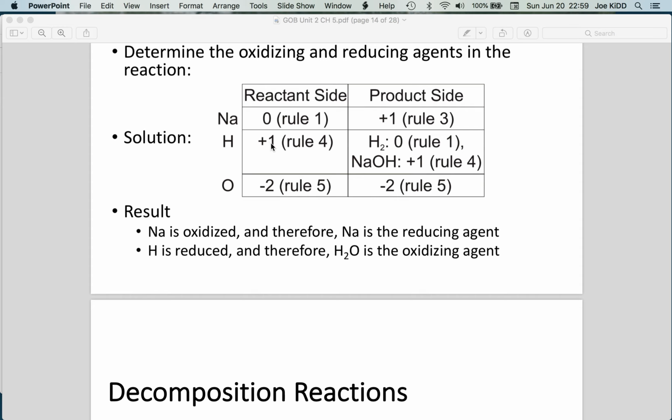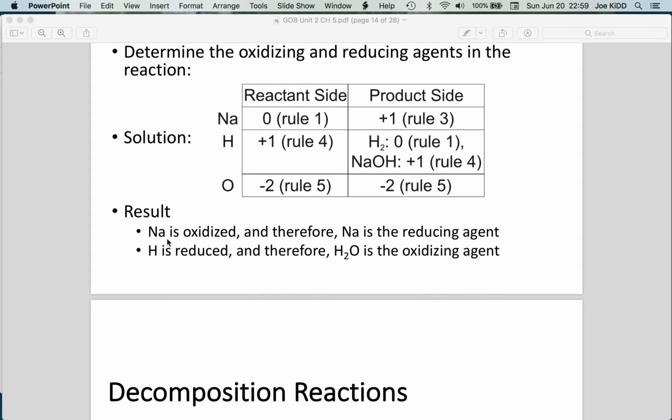The hydrogen was reduced. So like we said earlier, where I repeated myself a few times, the reducing agent is the thing that is oxidized. The reducing agent is the thing that causes reduction, which means it's the thing being oxidized. The oxidizing agent is the thing that is causing oxidation, which means it is the thing being reduced.